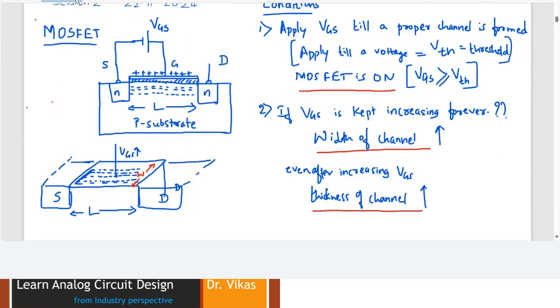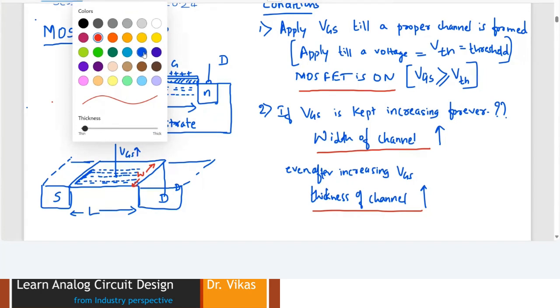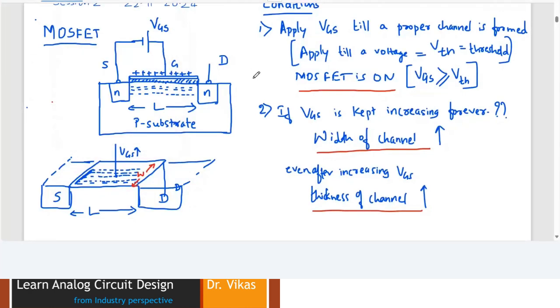You are just merely increasing the width, or making the channel stronger. Apart from that, we are not making any particular progress in terms of the flow of current, because here we just want to ensure when the current is going to flow. When we say MOSFET behaves as a switch, that is, it is now turned on, that means the channel has been formed.